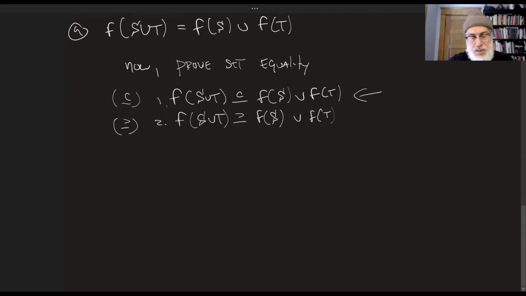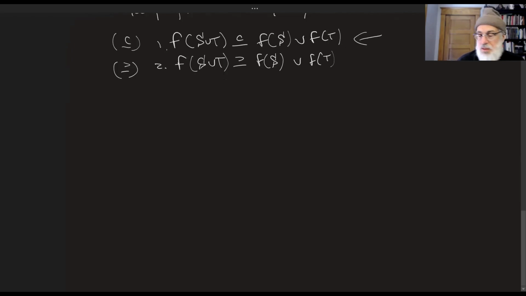Not the same argument, but the second part of the proof. I will write both directions out just as an illustrative fact so that if you are trying to prove this, it'll be more clear that way.